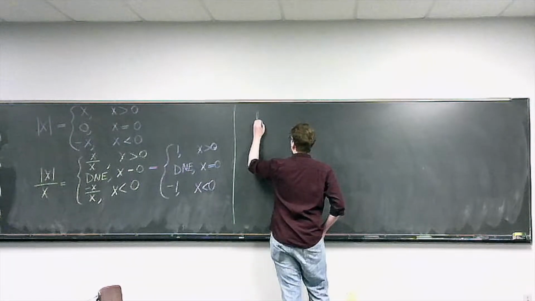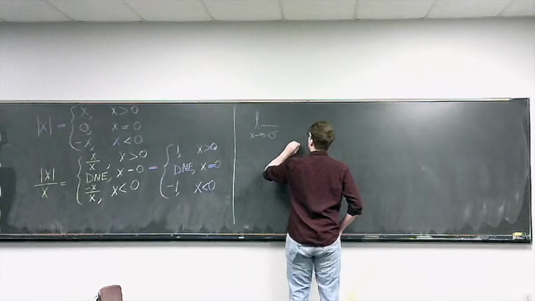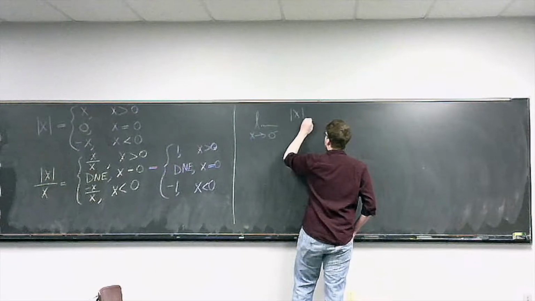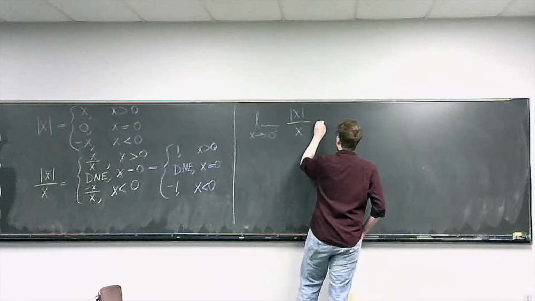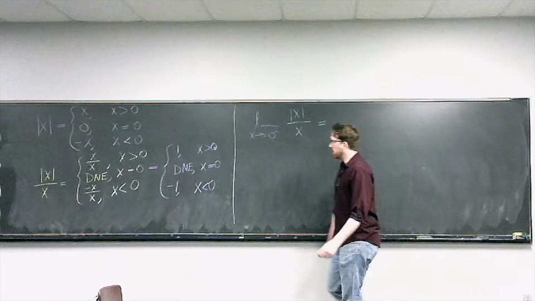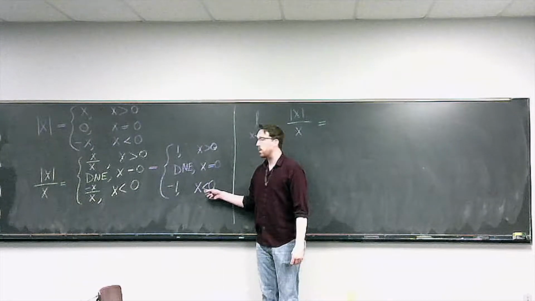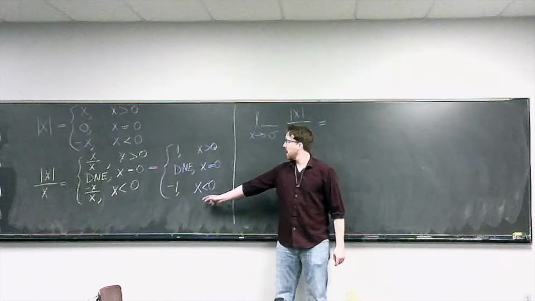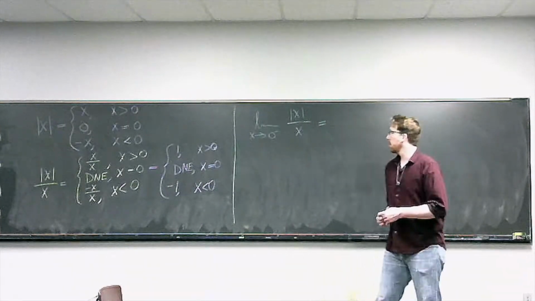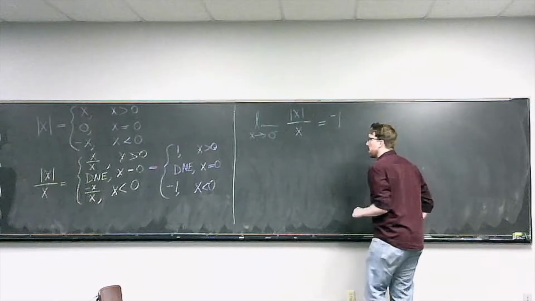So the limit as x approaches 0 from the left of the absolute value of x divided by x is equal to, well, the left-hand case is this bottom case down here, right? These are all the values left of 0, less than 0, right? So this has to come out to be -1.